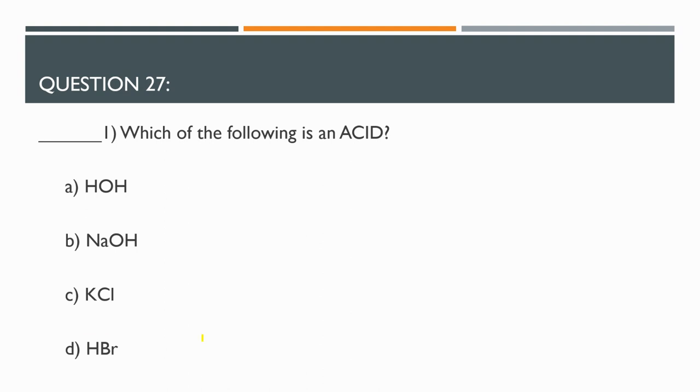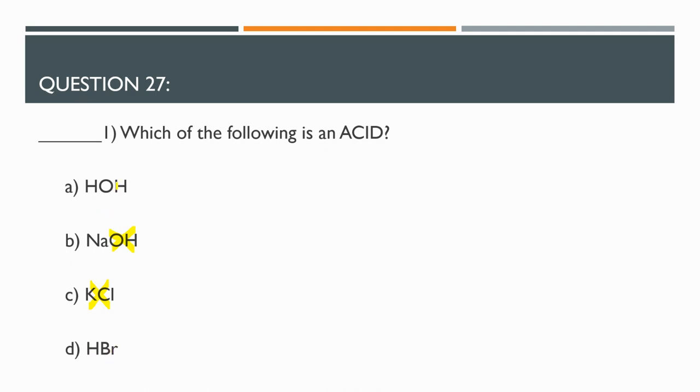And then which of the following is an acid? So what we're looking for are going to be the H's. Okay, remember in the basic formula. And so here we know it's not this one because there's an OH. That one's for sure going to be a base. This one doesn't have either one. And so this isn't meant to be tricky, but here we have H and then bromine, I'm pretty sure.